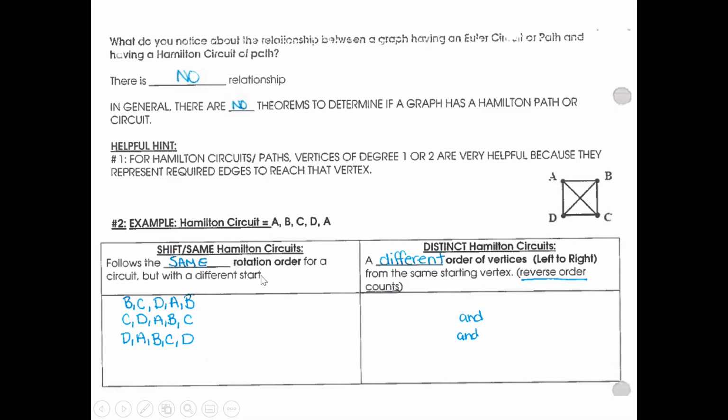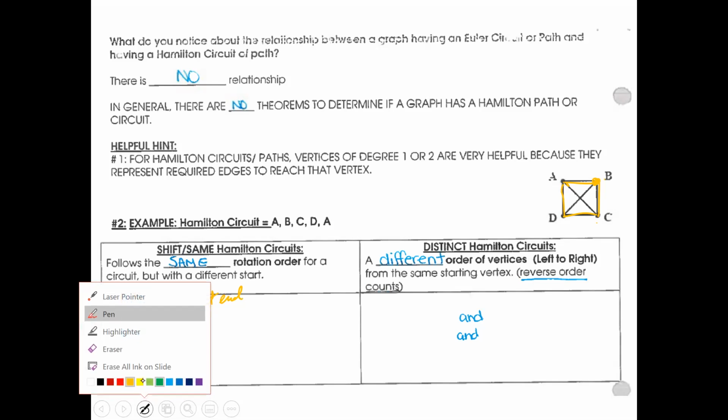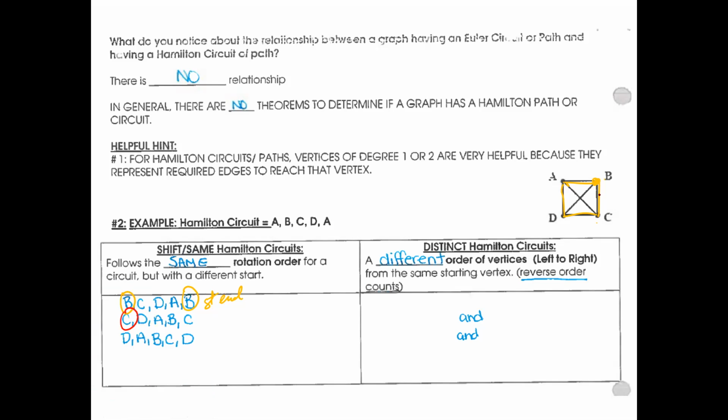Here is A, B, C, D. If I start with B, here is B, C, D, A, B. Okay, so I went to all of the vertices, all of the dots, and you start and end at the same point. Similarly, if I were to start at C, I will go to D, A, B, C, still ending with C. And similarly, you can also start with D.